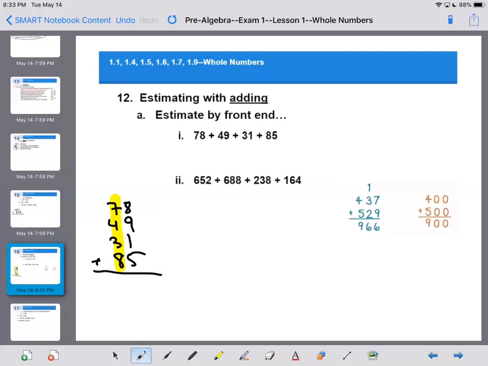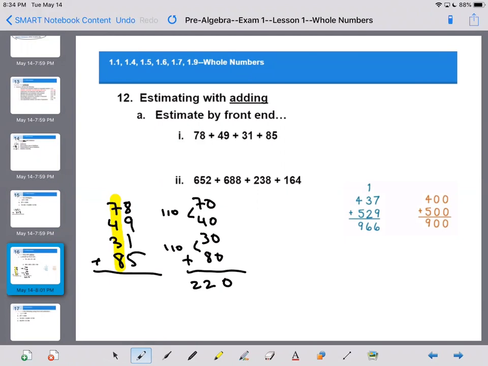You can say that's 70, 40, 30, and 80, and you can add those up. 11 and 11, so that's going to be 220. So that would be 110, and this would be 110. So there's your 220. That's just an estimate.